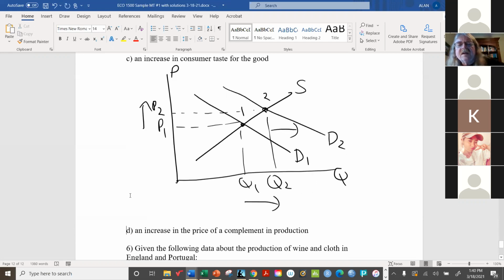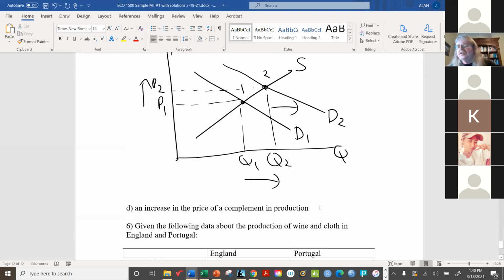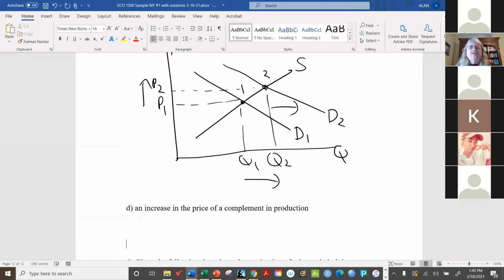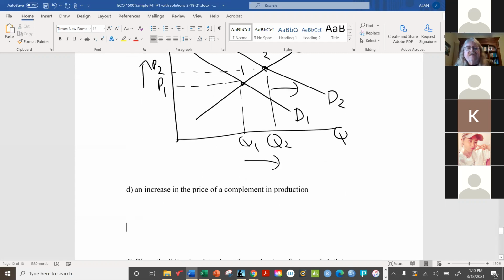Now, the complement in production, this one again, we've got to be careful with this one. There's only one or two decent examples that I could think of. So for example, natural gas and crude oil are complements in production. Suppose that good X is crude oil.